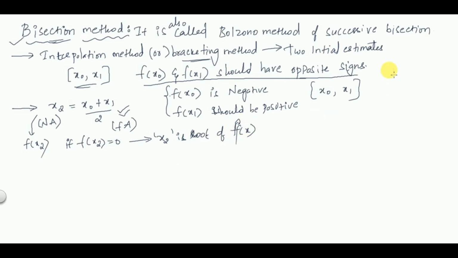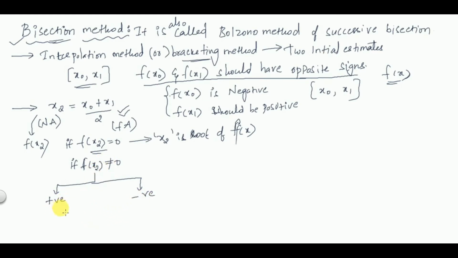Suppose f of x2 is not equal to 0, then there are two cases again. f of x2 may be either positive or negative.